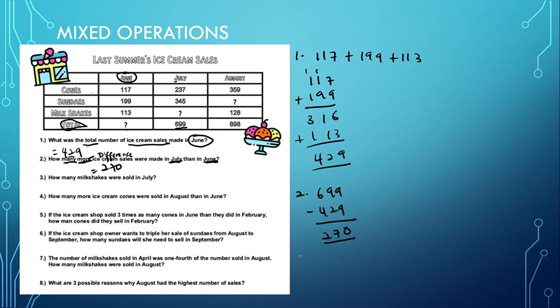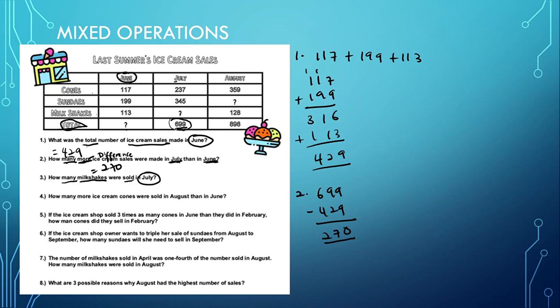Now let's check number 3. How many milkshakes were sold in July? So our keyword here is milkshakes sold in July. So you check July, we don't know the milkshakes. So in order for us to find out, we know the total is this. This is the total of ice cream sold.